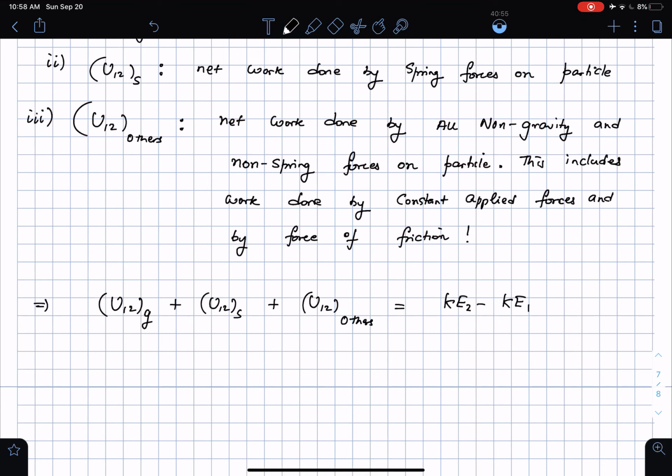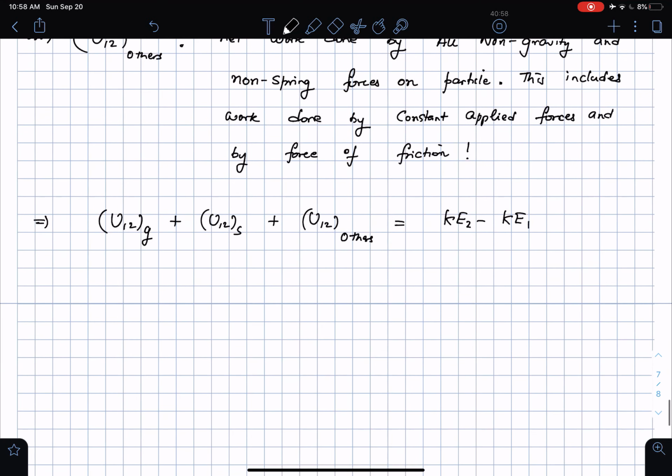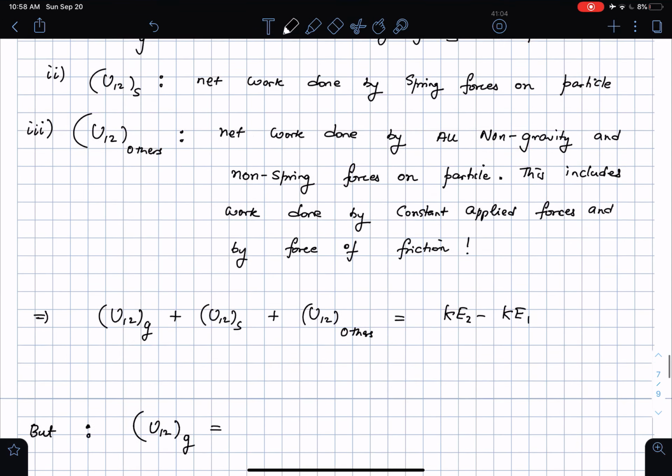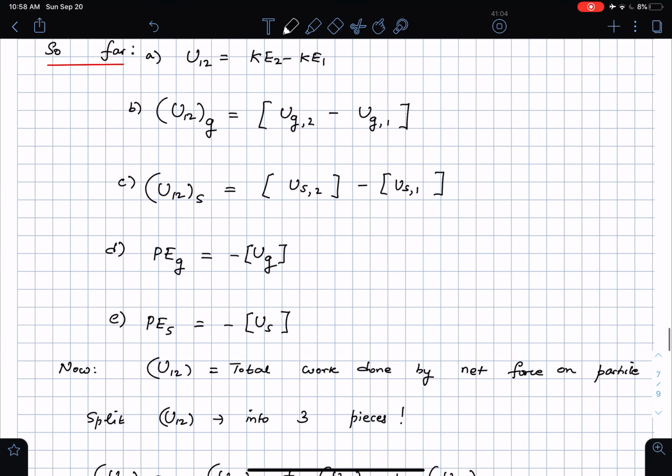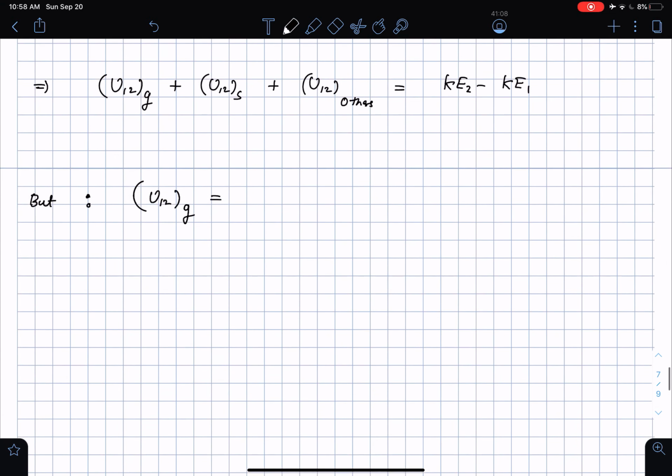Now here is what I'm going to do. But we know, what is U1 to G? I have it as UG2 minus UG1, right? So this is going to be UG2 minus UG1, which means that instead of UG2, I'm going to say this is minus PE G2 minus PE G1.